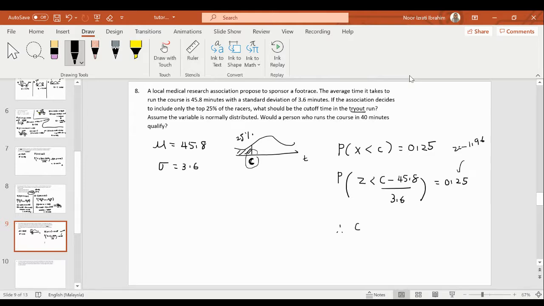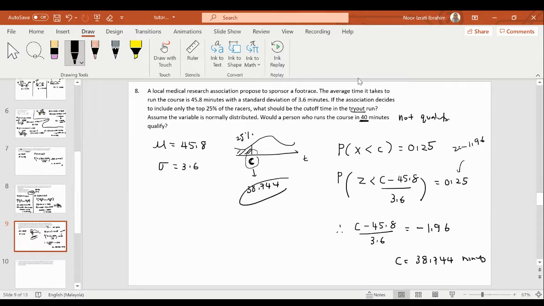From the table, the Z value for a probability of 0.25 is negative 1.96. So C minus 45.8 over 3.6 equals negative 1.96, and that gives us the cutoff time of 38.744 minutes. To get the sponsorship, the racer needs to run faster than 38.74 minutes. So those who run in 40 minutes will not qualify, because the cutoff is 38.744 minutes.